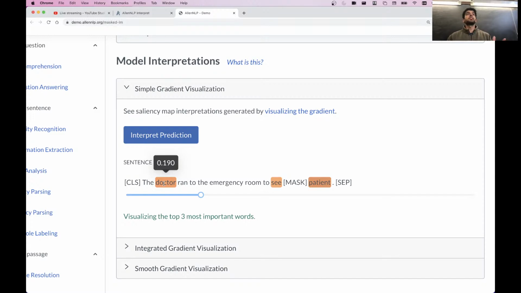We'll talk later in the semester, probably in a couple of weeks, about how these kinds of models are not just reflecting the bias that is present in their training set, but they're actually amplifying it. So let's say doctor and "his" co-occur together maybe 70% of the time, and doctor and "her" co-occur 30% of the time.